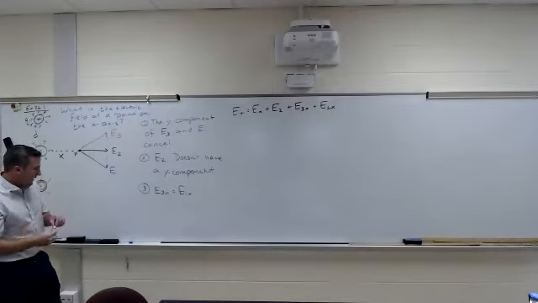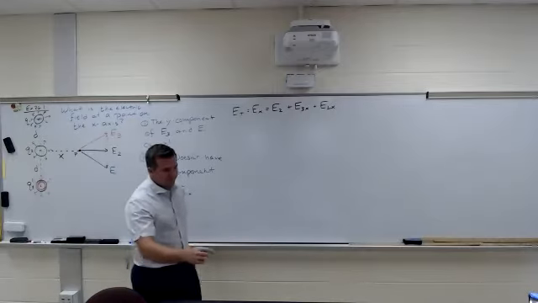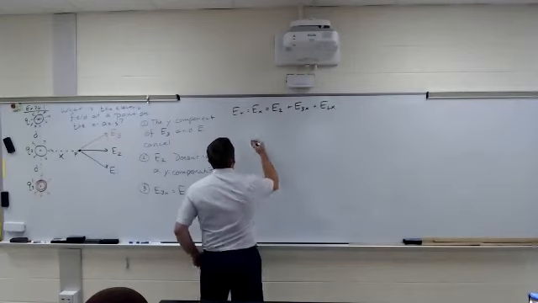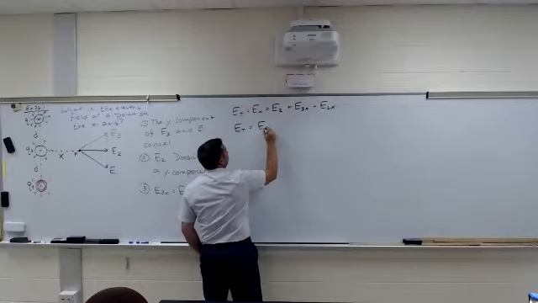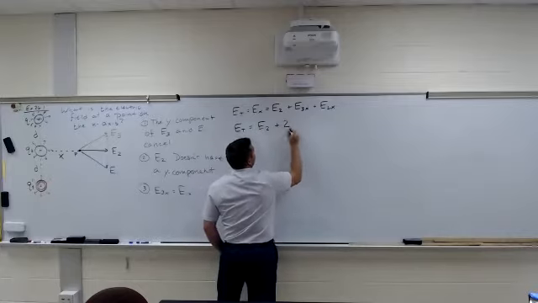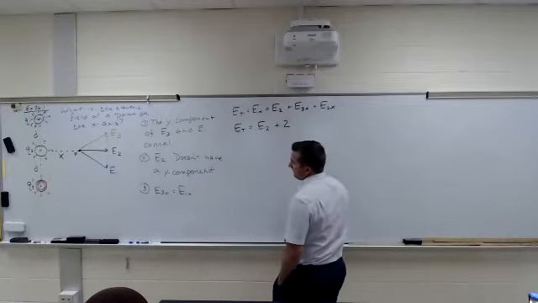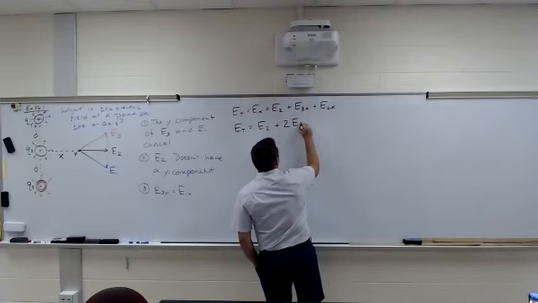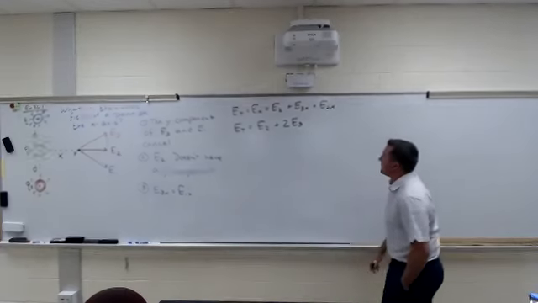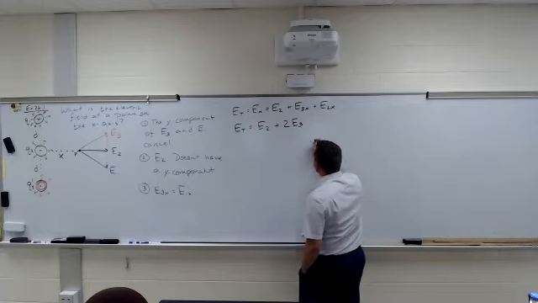And we can simplify that in our equation. So our total electric field is going to equal E2 plus 2 times, I'm going to work with E3, 2 times E3 in the x direction.